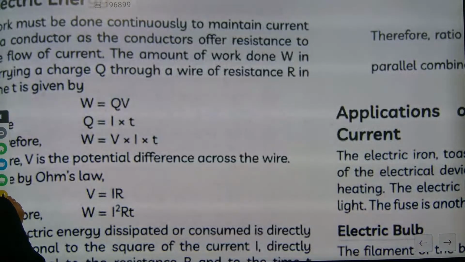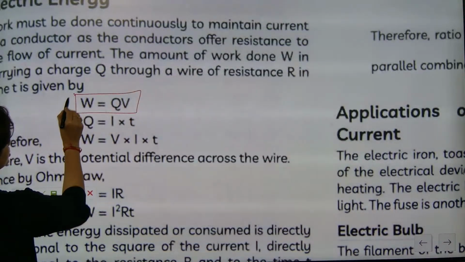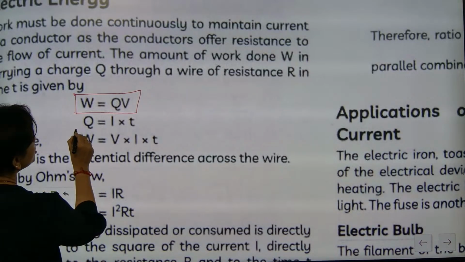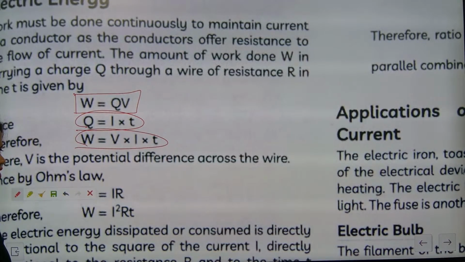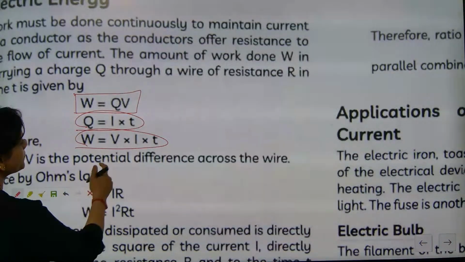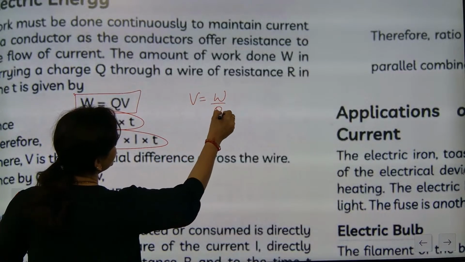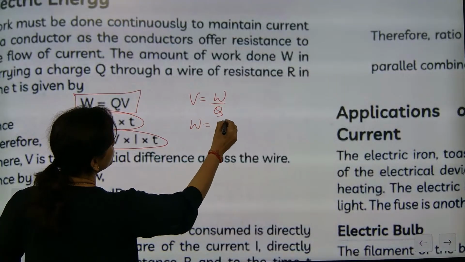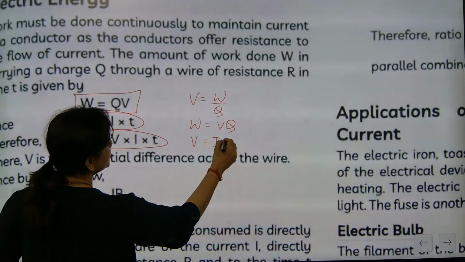See, look here. First part is we know that work done is equal to charge into potential difference. Charge is equal to I t. The total work done will be equal to I t. How? Look here. You know that V is equal to W by Q. So W is equal to V into Q. Now Ohm's law, V is equal to IR.